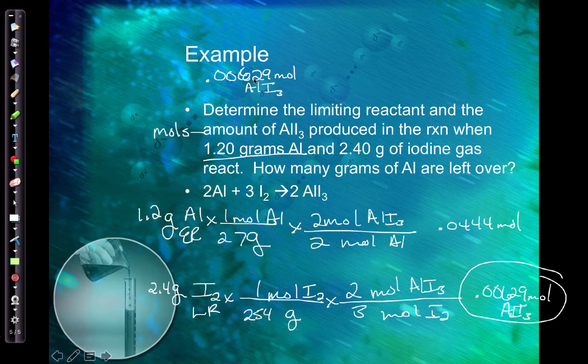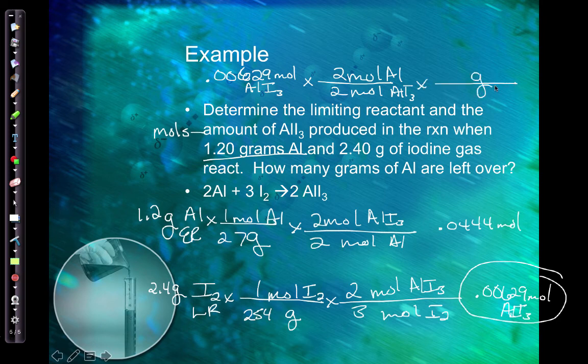Well, how much aluminum did it take to make 0.00629 moles of aluminum iodide? So let's figure that out. So let's go to moles of aluminum. So moles on top of moles, it's 2 to 2, or 1 to 1.